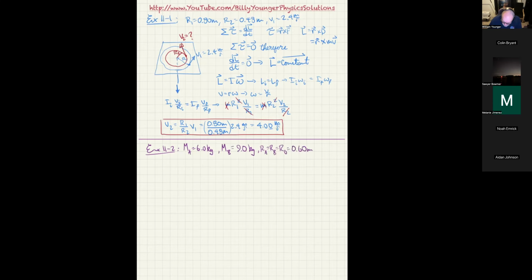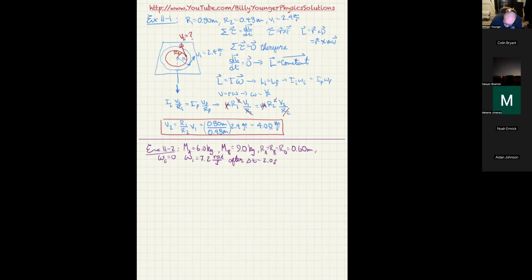We're also given that omega initial is equal to 0, but omega 1 is equal to 7.2 radians per second after delta t equals 2.0 seconds.